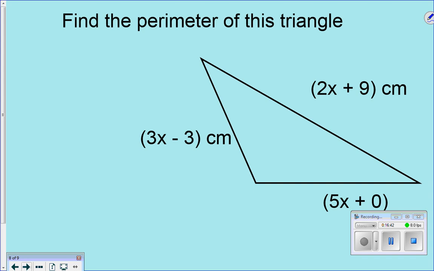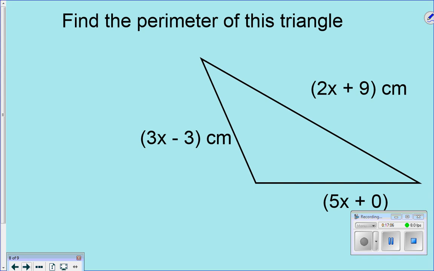Where'd you get the 9? 2x plus, I see. Hey, look at this. Negative 3 plus 0 would be negative 3. You gotta change on your other one then.